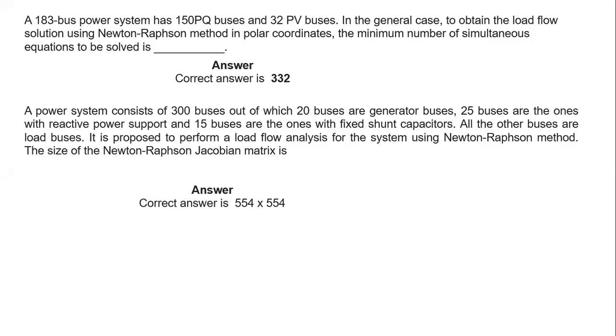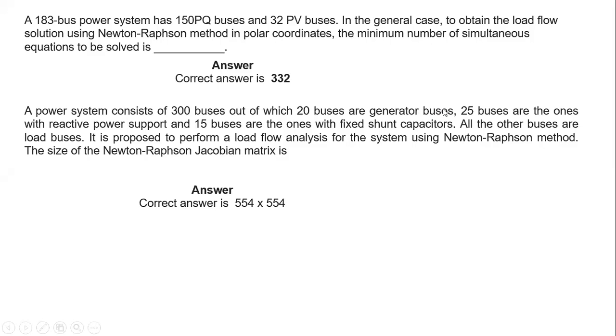255. Why? Because totally there are 300 buses. Out of 300 buses, minus 1 you do, the slack bus, because that is not a PQ bus. So left out will be 299. No, I am getting it. Don't worry, I am able to see. No problem. So 300 minus 1 is 299.